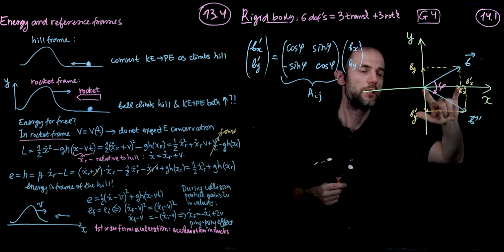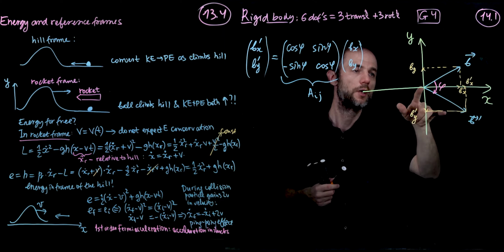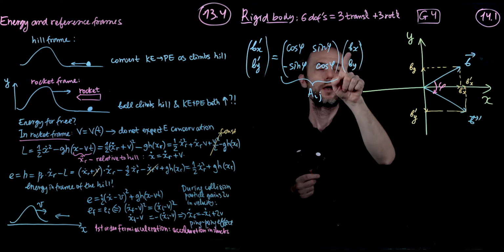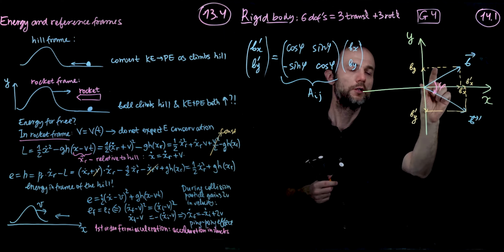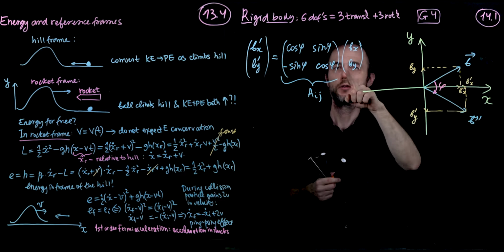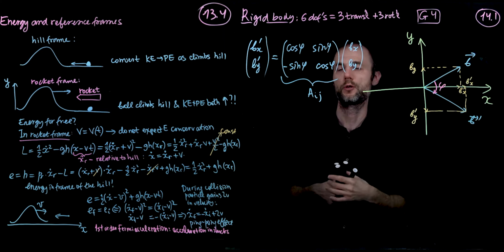For instance, if you rotate bx by an angle phi, then it would have contributions along the x-axis of bx times cosine phi, and by rotated by phi will be by times sine phi. So that's where the first row times the column comes from.